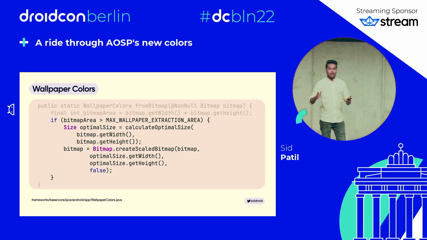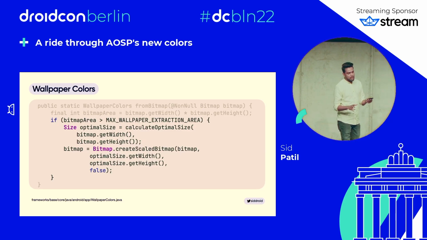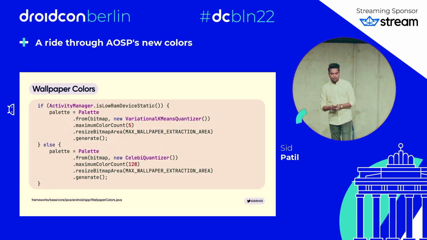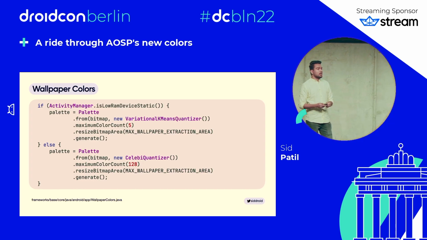A given wallpaper could be made up of different aspect ratios, so we have to optimize the wallpaper color extraction area. So we see this hard-coded constant for identifying a given area. We crop and create a scaled bitmap of this. Then we pass this calculated bitmap to the wallpaper colors, where it will calculate and extract colors from the image.